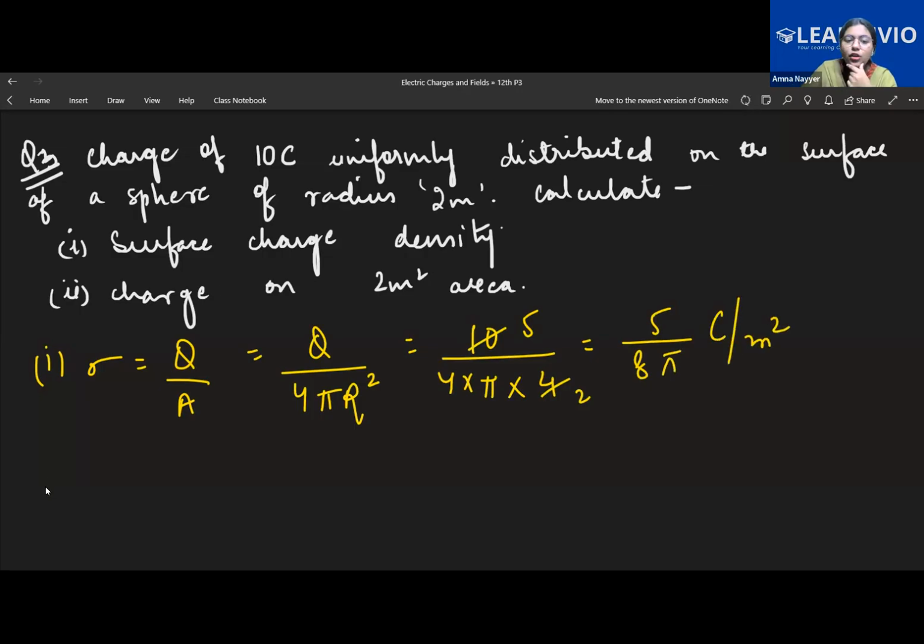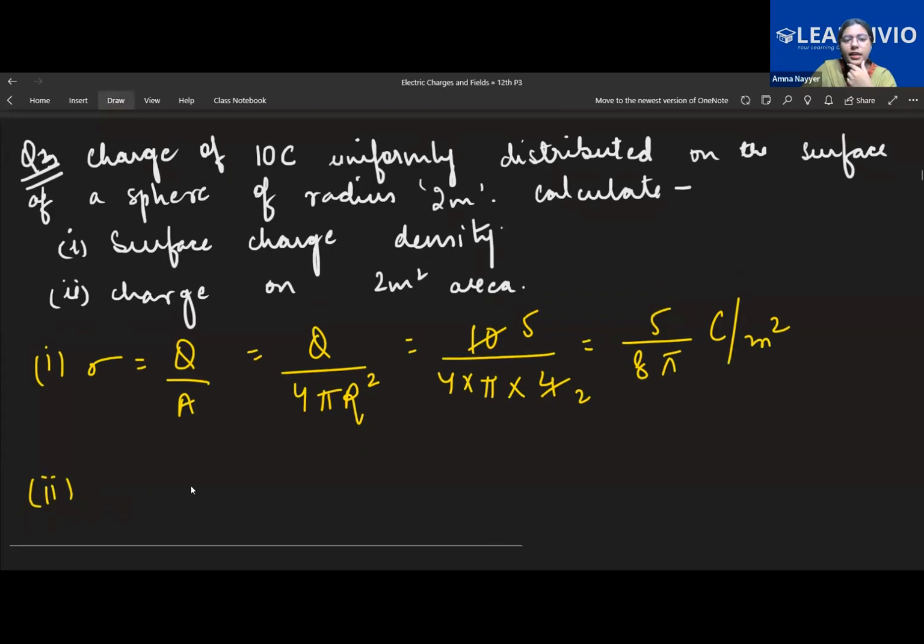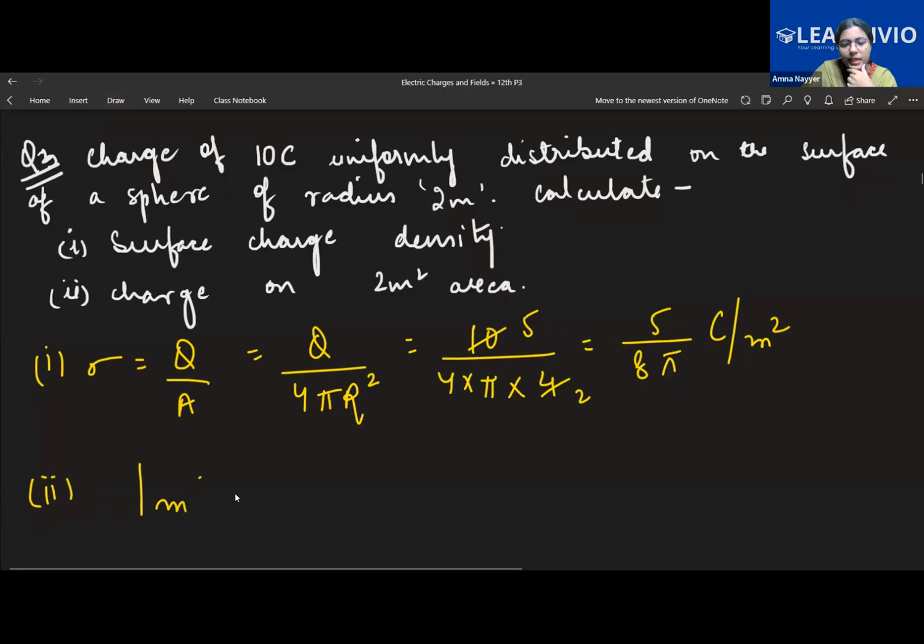Now the charge on 2 meter square of area. This means if we have sigma as 5 by 8 pi, again you will have to apply your unitary method. Unitary method says that in 1 meter square, you have 5 by 8 pi coulomb. Right?